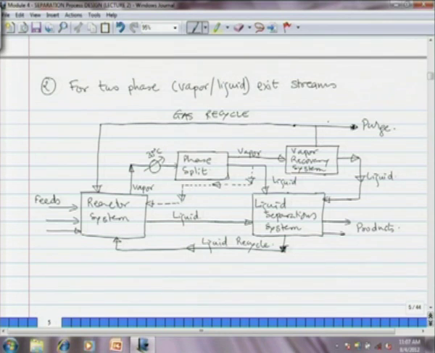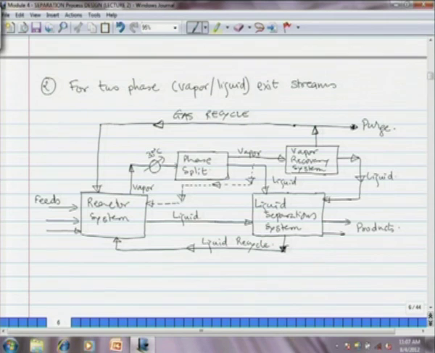The output of the vapor recovery system is non-condensable gas, okay, which is either recycled or purged, and then the liquid separation system will generate again a liquid recycle stream. Okay. So, this is how we can write a general structure of the vapor-liquid separation system.